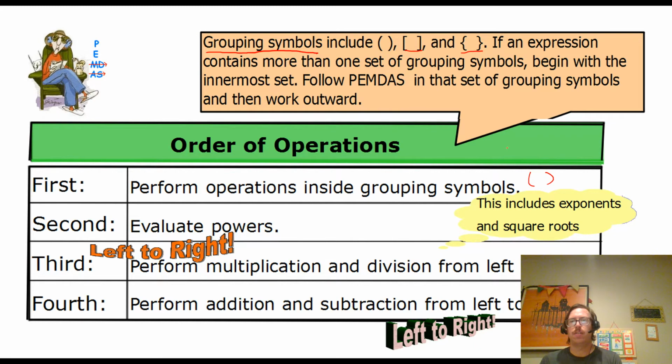If it has more than one set, let's say we had a problem like this, and then it was like this. So we have like 1 plus 1 minus 3. We're going to solve the inside of this parentheses first because it's a parentheses inside a bracket. And so we'll work our way outside with all parentheses and grouping symbols.